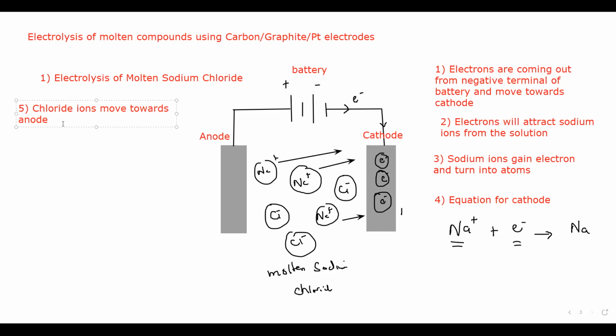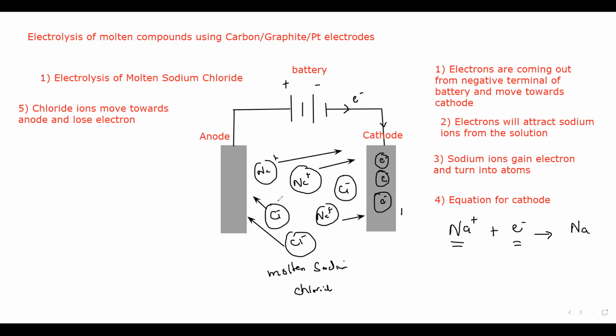The chloride ions will move towards the anode and they will lose electron. Why are they losing electron? Because they have extra electrons, and that electron is attracted towards the battery.